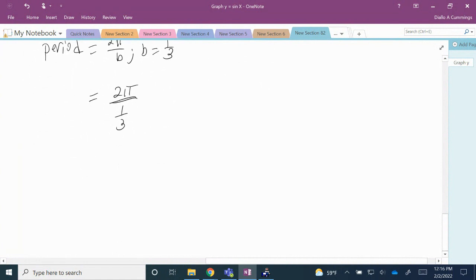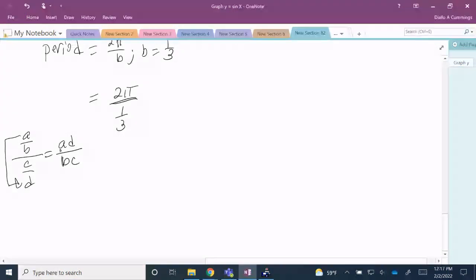Now, one thing I'm going to bring up is a formula from algebra. It says that a over b all over c over d, you can multiply the very top and the very bottom, right? So I can multiply a times d, and that would go in my numerator.